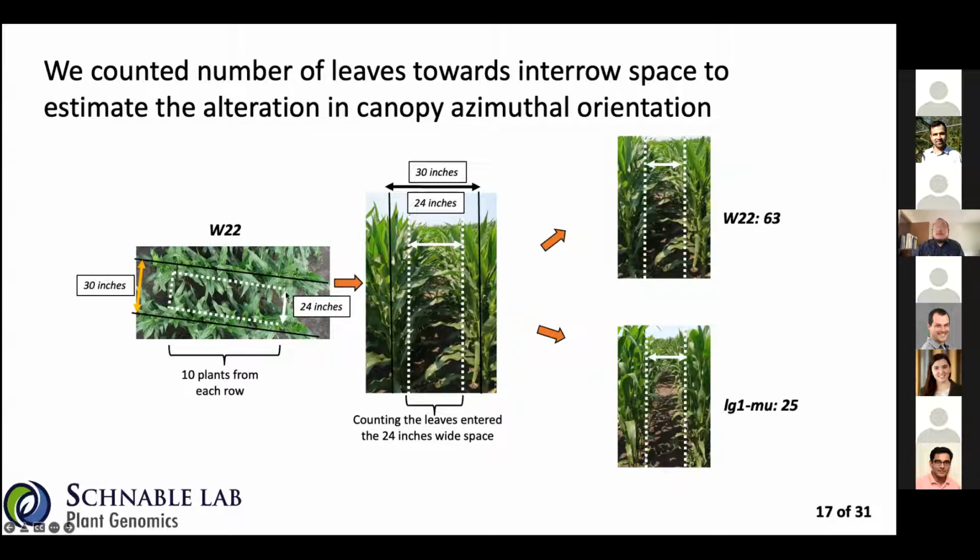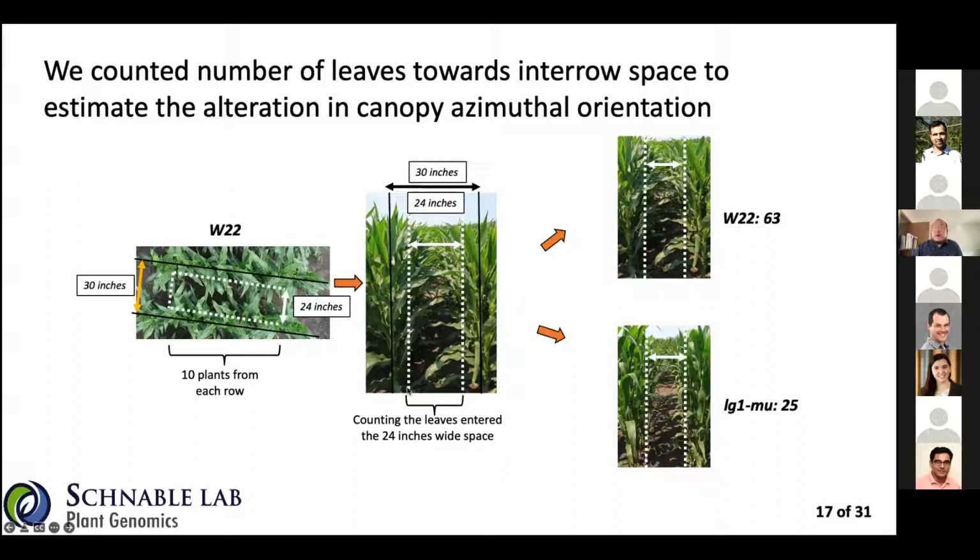Then, starting roughly from the middle of the interrow space, we roughly stretch a 24 inch wide interval. Therefore, we generate this 24 inches by 10 plants rectangle.